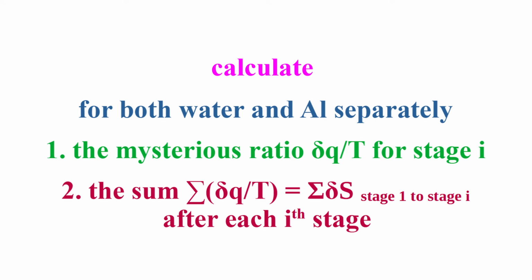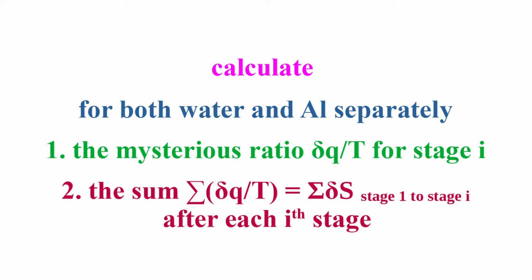Now, we first calculate the mysterious ratio delta Q over T for stage i separately for aluminum and water as their T's change. Then we calculate the corresponding sum for stage 1 through stage i.